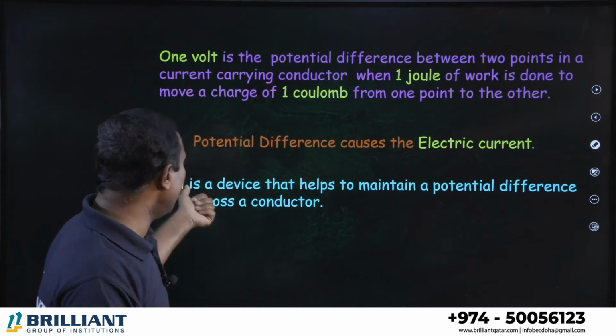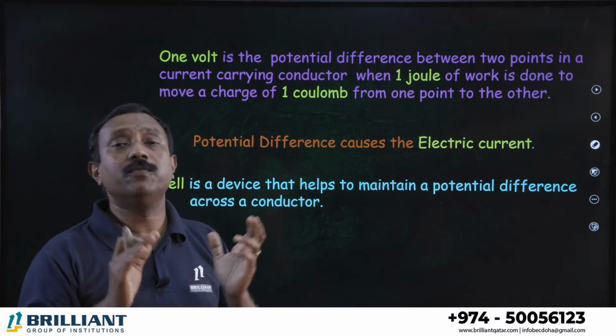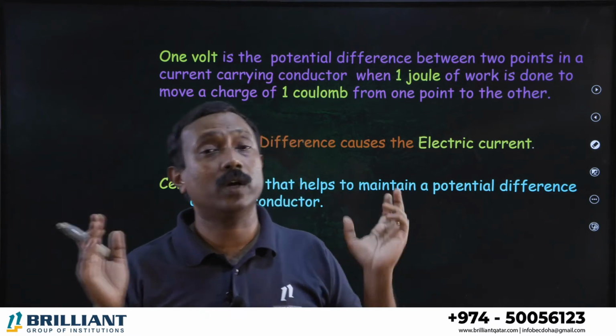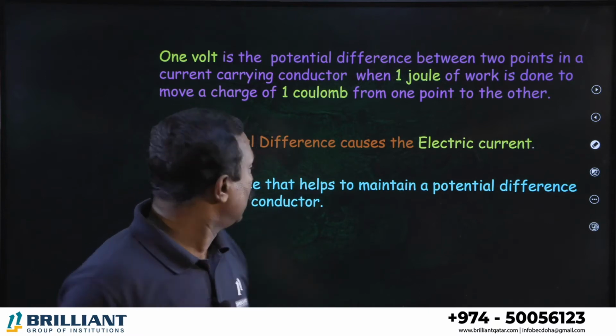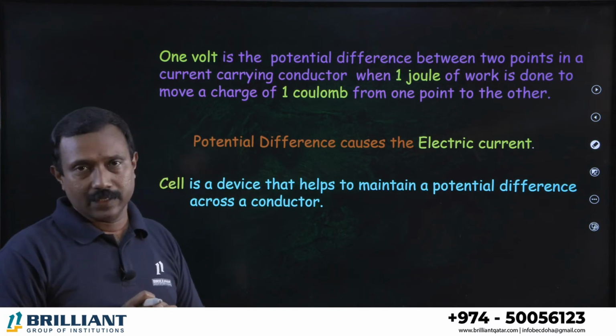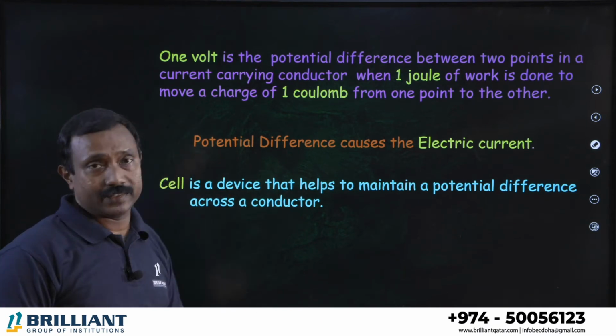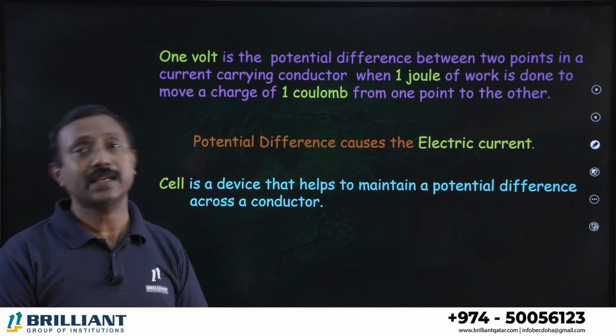Clear? Now, the potential difference is a cause of electric current. That means, if you want to maintain an electric current, a potential difference is needed in every circuit.